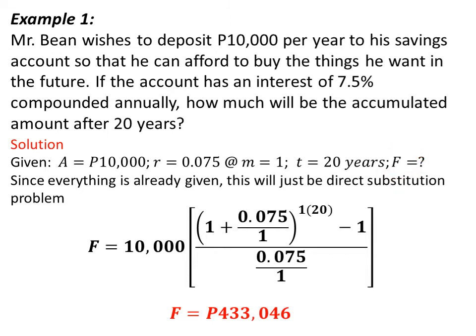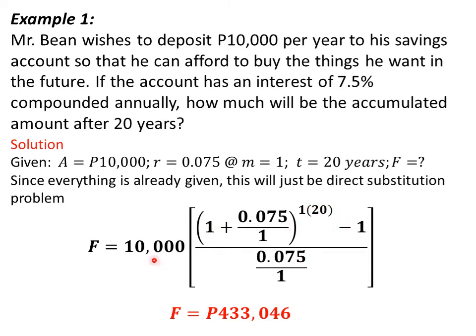You need to find the future amount. Why the future amount? Because the problem asks how much will be the accumulated amount after 20 years, and the word after means in the future. In this problem, everything is already given, so we just substitute directly in the formula. Remember the formula: F is equal to A times (1 plus i) to the power of m times t, minus 1, over i.